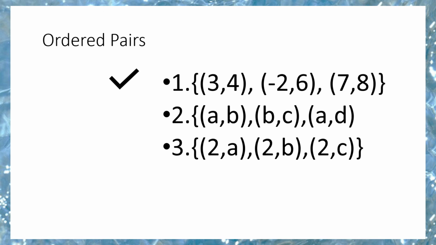And that is A. So therefore number 2 is considered as not a function. And in set number 3, as you can see, all the values of x or the domain is 2. So therefore, this is not considered as a function.